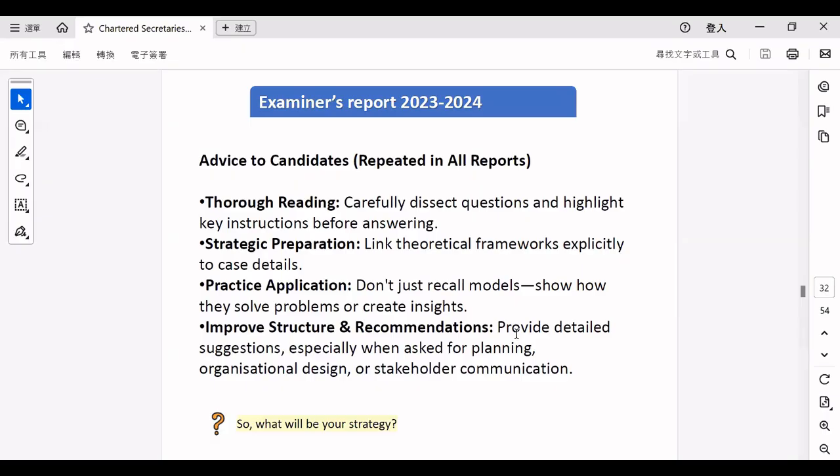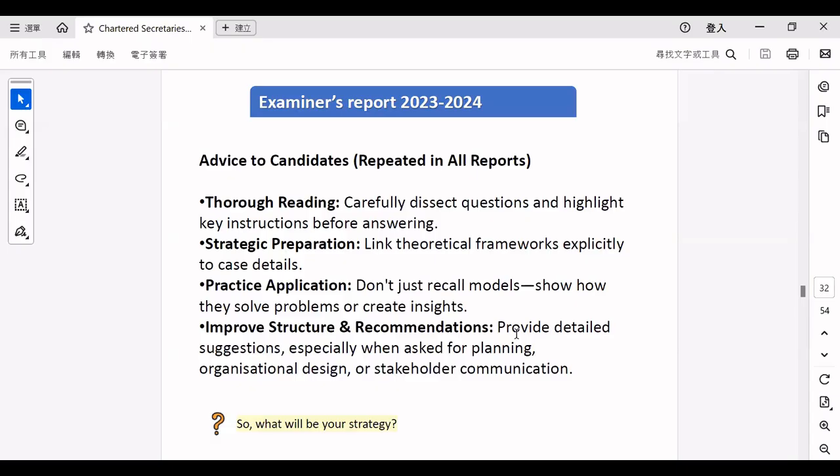Dissect the questions, break them into smaller points, and see what the sub-requirements are. For example, if they ask about development, it's different from implementation. So you have to highlight the key instructions. Do you need to give advice or what? These are different things. So make sure that you highlight the key requirements, as I've told you earlier.